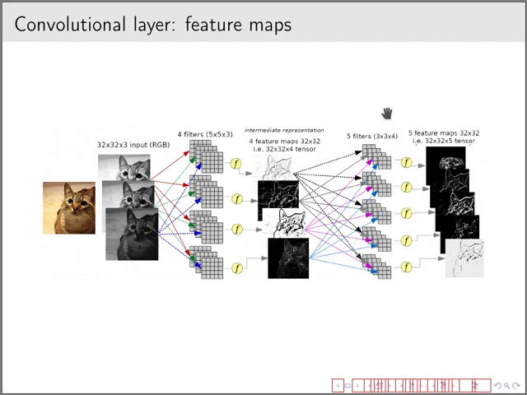But 3 by 3 is not sufficient. I have to define it as 3 by 3 by 4, because now I have 4 matrices to operate. Finally, if I define 5 filters, the result of this layer is 5 feature maps, 5 matrices.